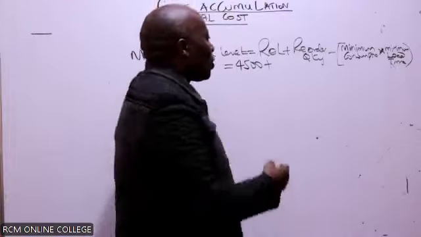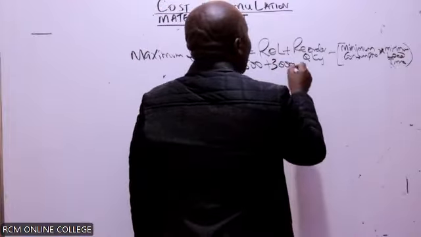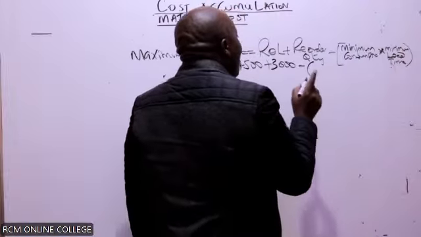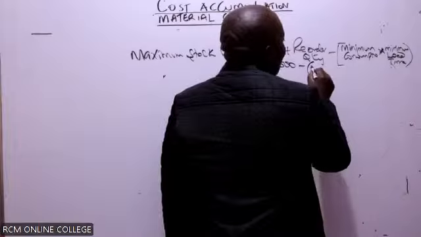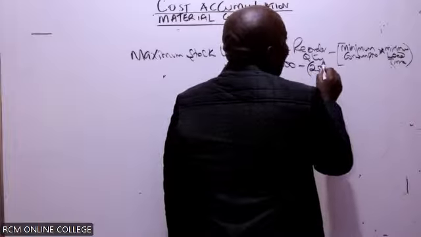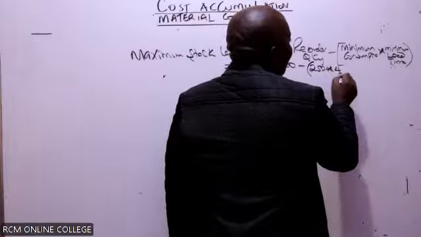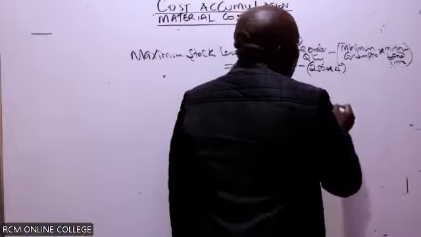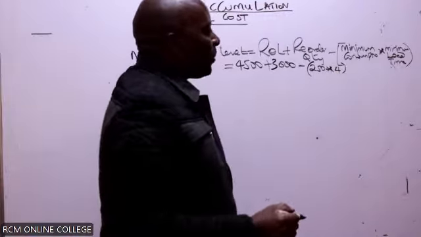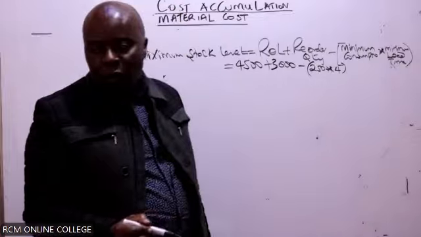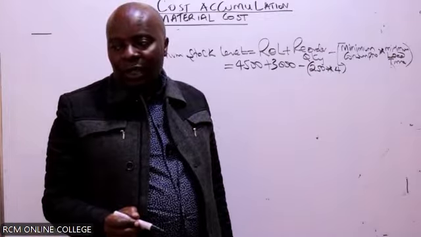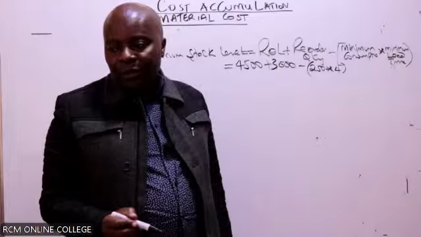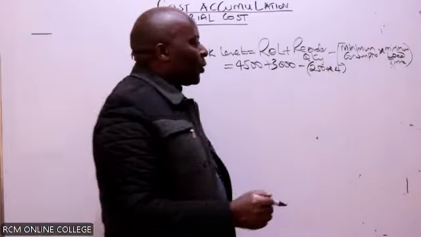And then minus the minimum consumption, you gave me a figure of 250. How about minimum lead time? You gave me a figure of 4. So are you able to give me the maximum stock level? Somebody, Pious, gives me 6,500.